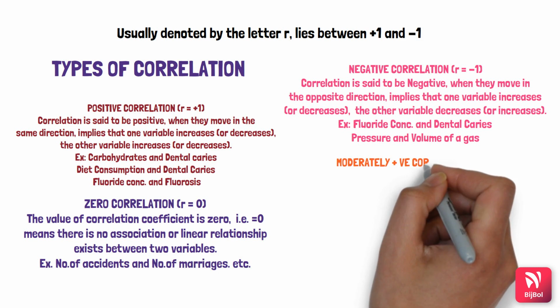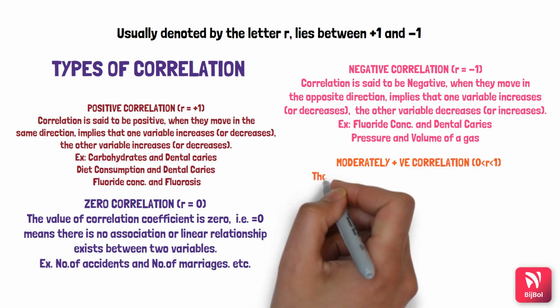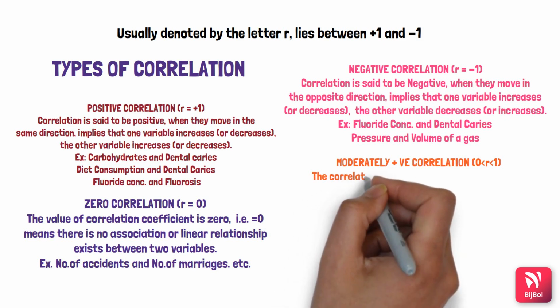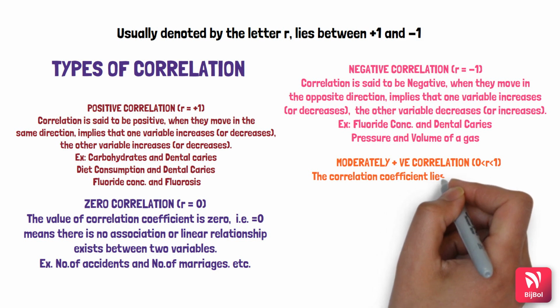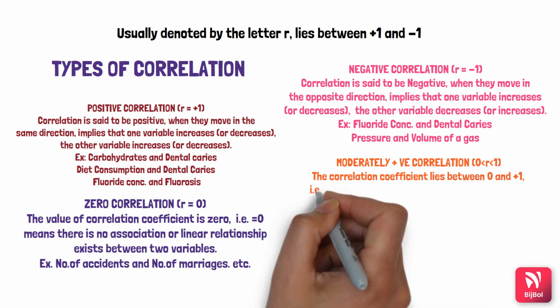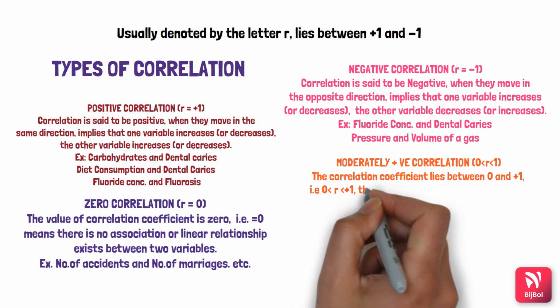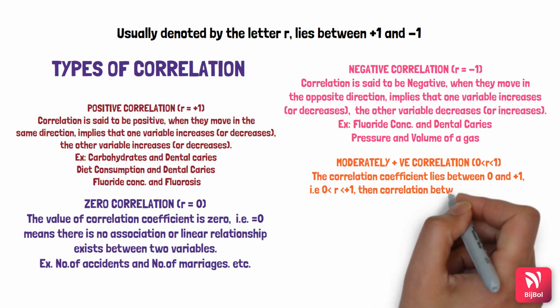Now the next thing is moderately positive correlation. This can be any value ranging from 0 less than R less than 1. That means the correlation coefficient is lying between 0 and +1. Then the correlation between two variables is said to be moderately positive correlation.